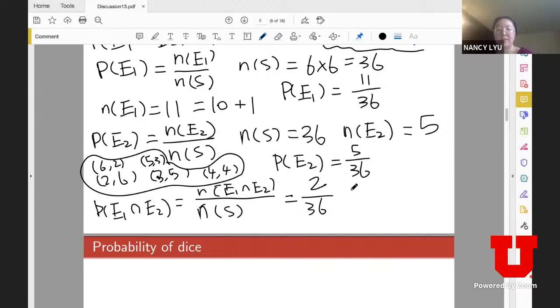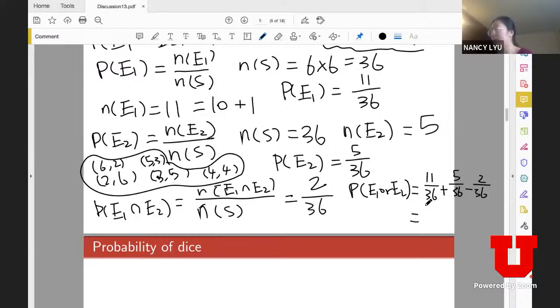And the probability for E1 or E2 will just be 11 over 36 plus 5 over 36 and minus 2 over 36.